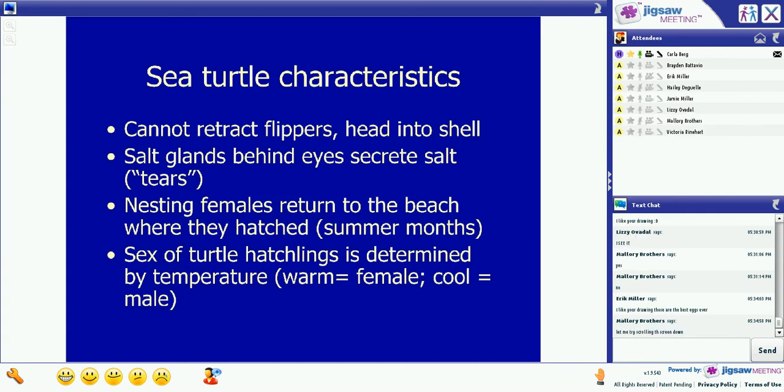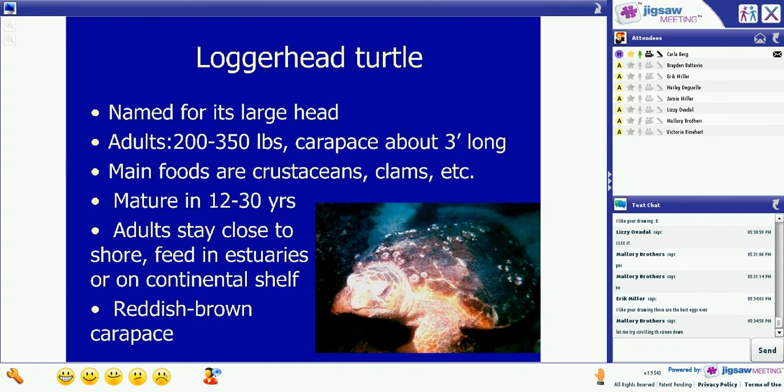Then the little hatchlings walk across the beach and swim away in the water. So let's go back to our PowerPoint screen, and we'll take a look at some sea turtles that are common to the U.S.